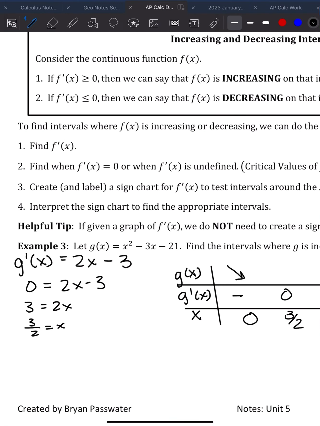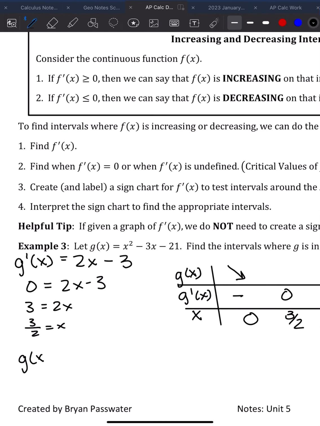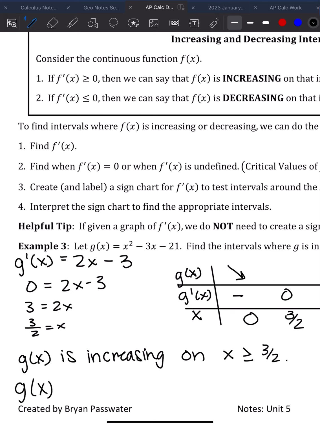So g of x is increasing on the interval of x being greater than or equal to, which is acceptable, 3/2. g of x is decreasing on x being less than or equal to 3/2.